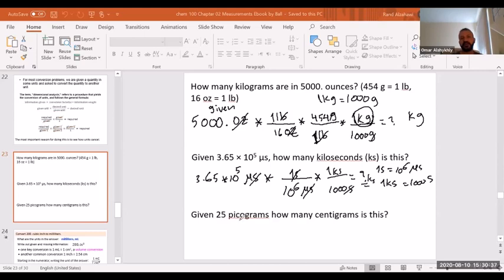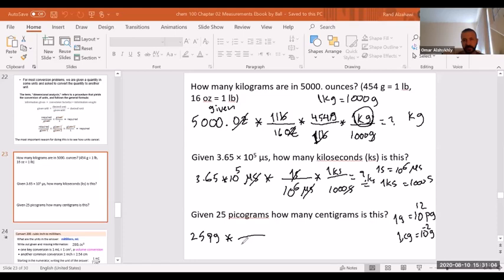Now, 25 picogram. How many centigram? Start with the 25 picogram times. Each 1 gram equals 10 to the power positive 12 picogram. And also 1 centigram equals 10 to the power negative 2 gram. How do you want to do it?